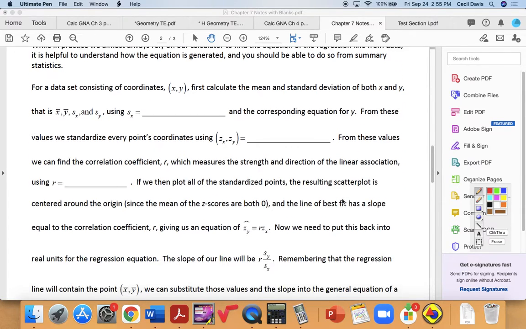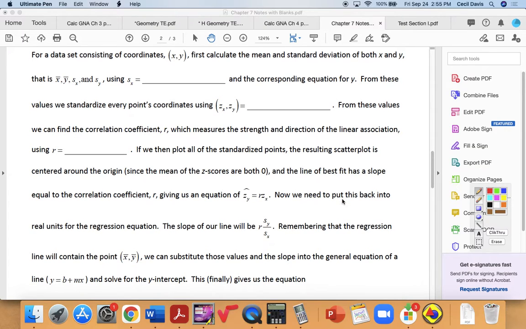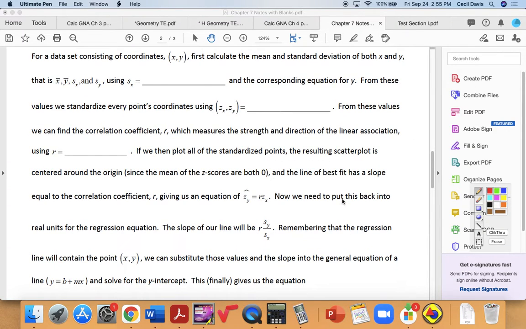So, for a set of data containing coordinates x, y, first calculate the mean and standard deviation for both x and y. I'm not going to go over how to find the mean. The standard deviation in x, do you remember how to find that? The sum of y minus y bar squared over n minus 1 and the square root of all of that.